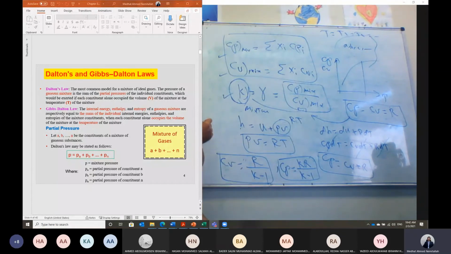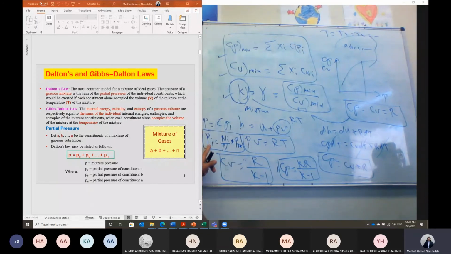The last one is the partial pressure. We said the total pressure is equal to the summation of the partial pressure for each component. But the partial pressure itself is equal to what? It is equal to the number of moles of this component divided by the total number of moles, multiplied by the total pressure.